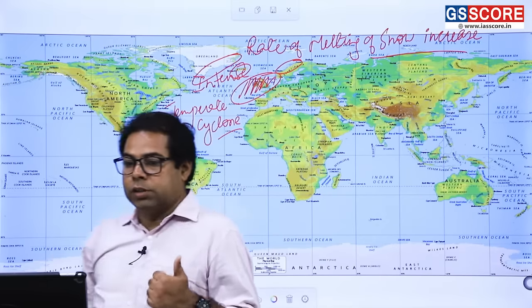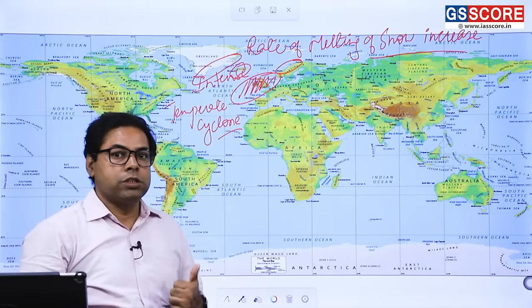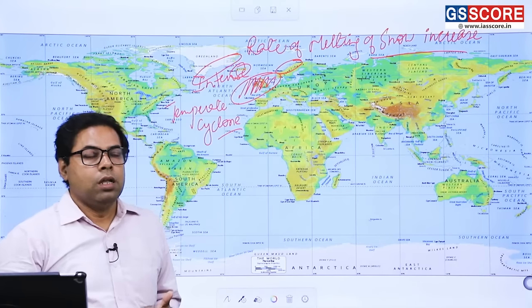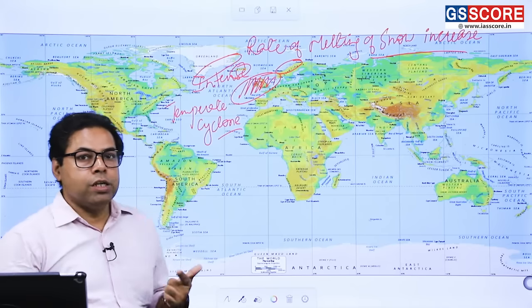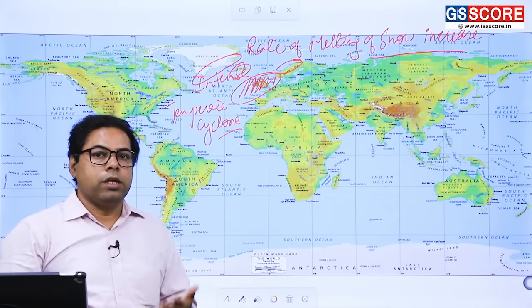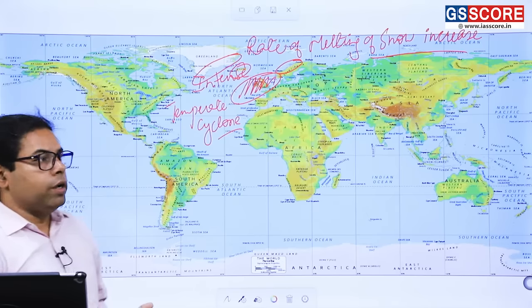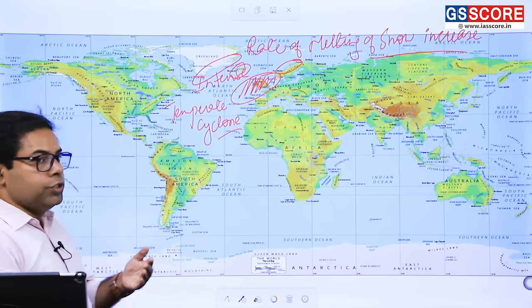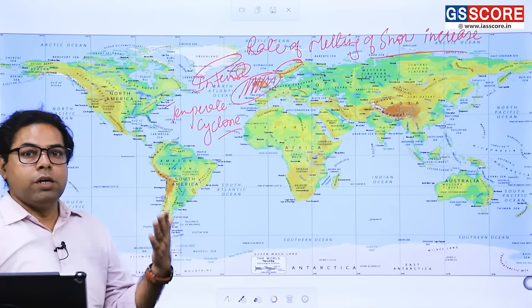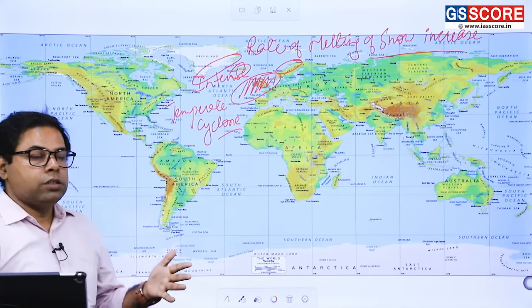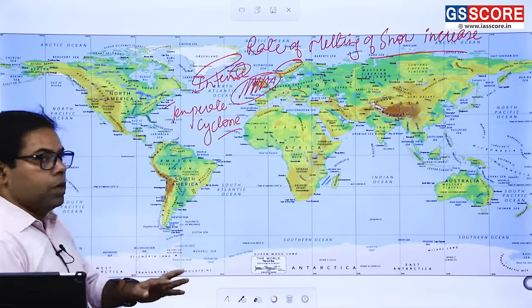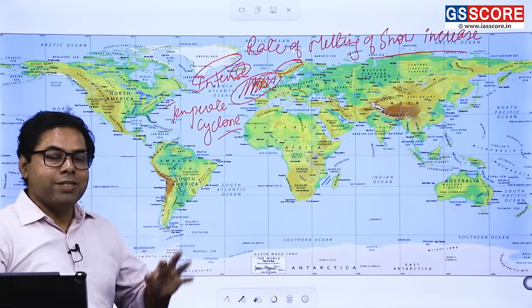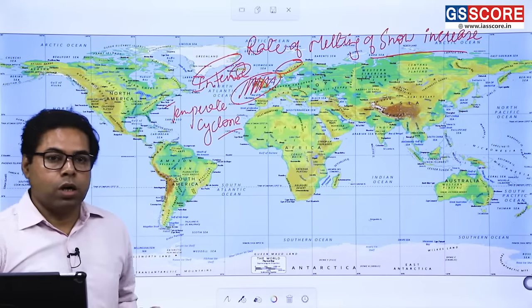Mind my word, when I say this shall increase, it is certain to happen. This increase in the rate of melting of snow will definitely be there in the polar and subpolar areas, which would again increase the sea level. So sea level rise will be more intense because of the marine heat wave, because of this rise in temperature of the ocean water.